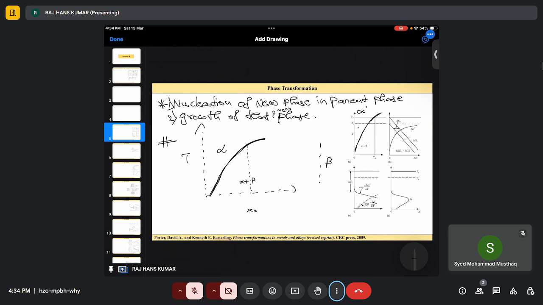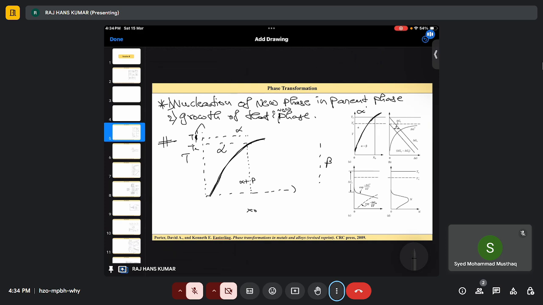Now, what if I try to reach a state where this is my T equilibrium 1, and this is my T equilibrium. What I'm trying to do is heat my sample to a temperature T1. At T1, I have only the alpha phase.